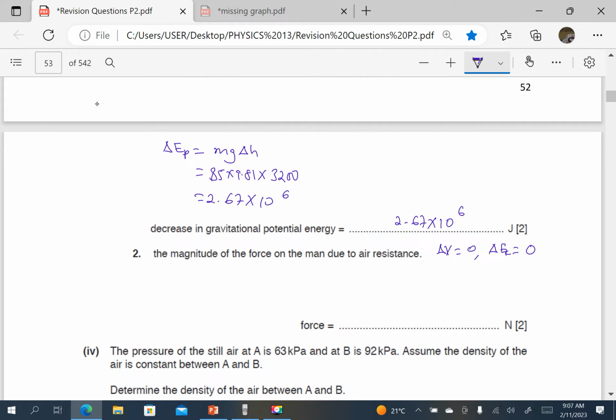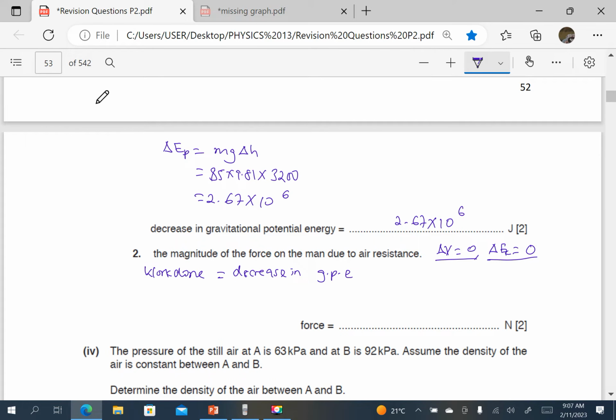The man is moving with a constant velocity, so there is no change in kinetic energy. Remember, work done is force times distance.